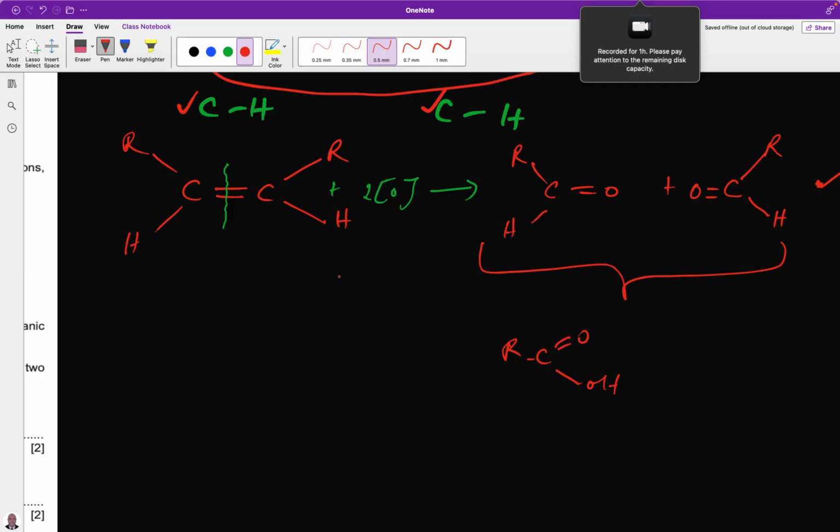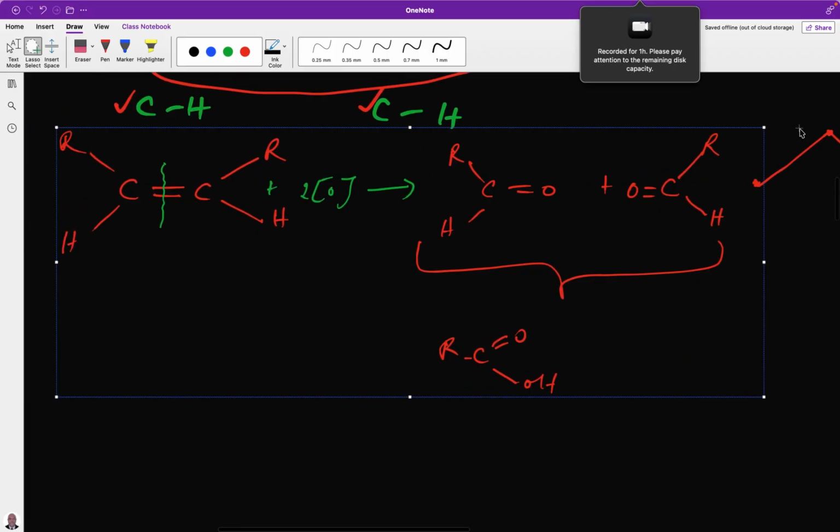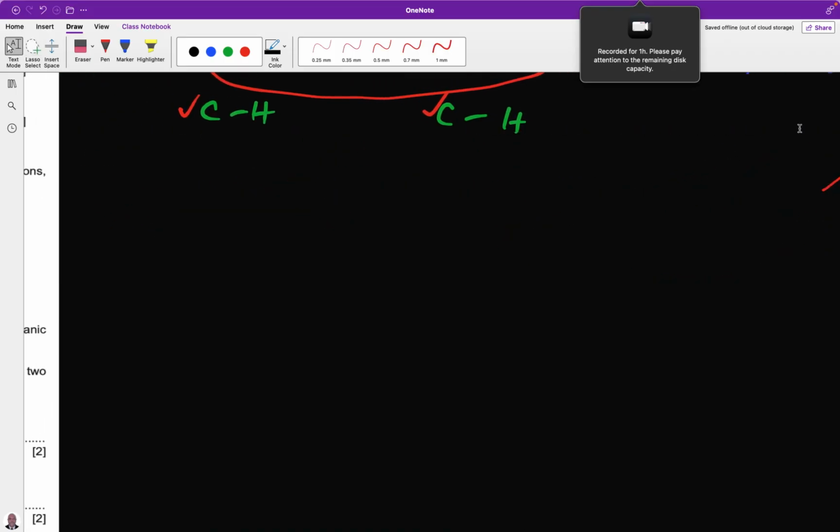So if two molecules of aldehyde are formed, and we have propanoic acid, this is how the whole thing is supposed to look. In propanoic acid, this is what we are supposed to have. Our molecule is like this.